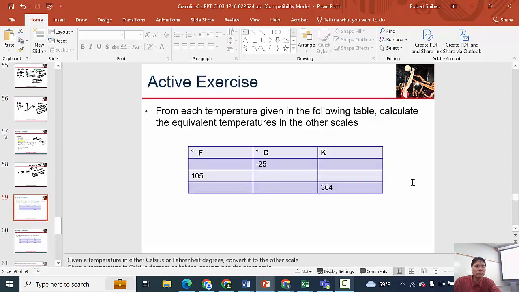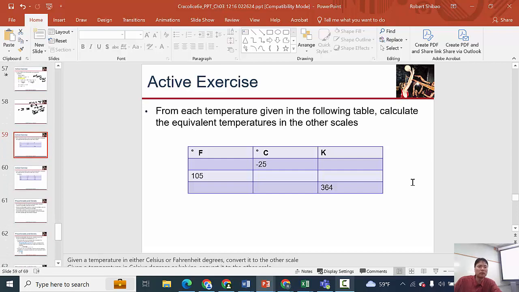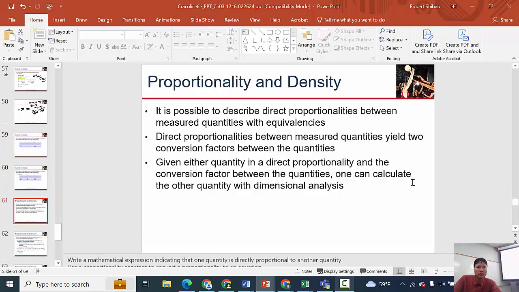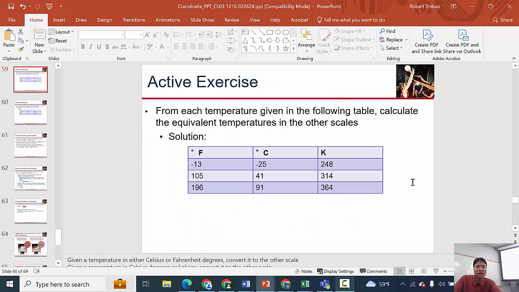So here's some temperature conversion problems here. Let me see what else we got on proportionality and density. Well, I guess we're not really going to make it through that. Let's get some practice here.